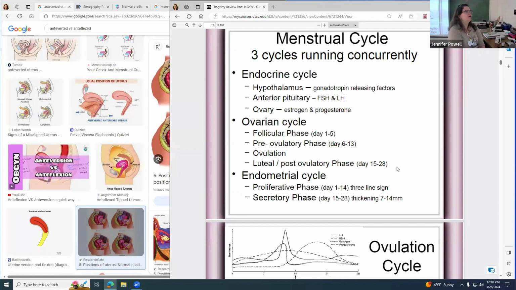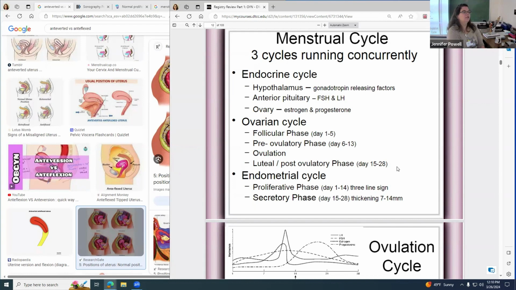At the same time, you have the ovarian cycle going on, follicular phase happening days 1 through 5, pre-ovulatory phase happening days 6 through 13, and ovulation at roughly day 14. I say roughly because ovulation can really happen much earlier or much later in your cycle.